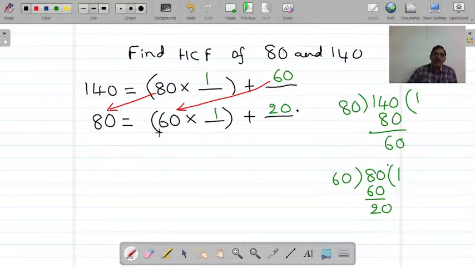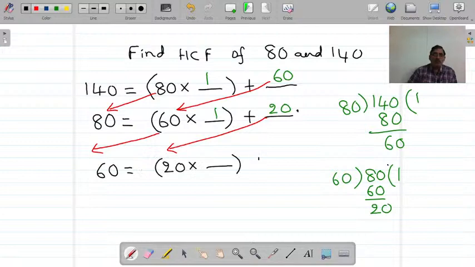So again we just do it like this: this value we take here and this value we take here. So that's how we write it, like 60 is equal to 20 into dash plus dash. Again we have to do one more division. Okay. We just simply conduct division one more time.